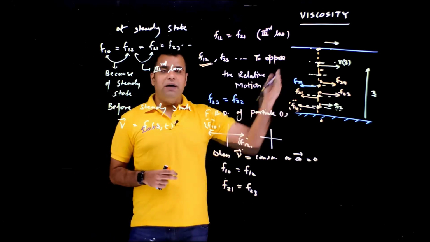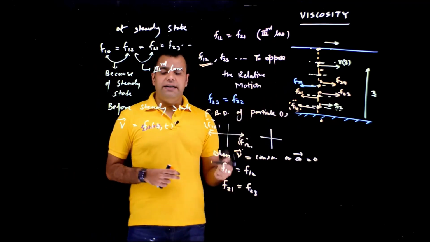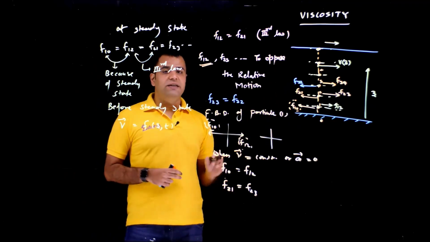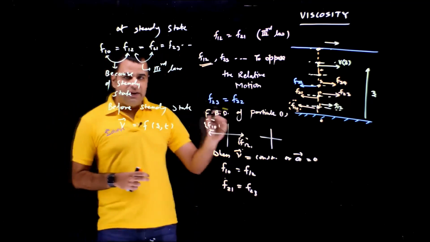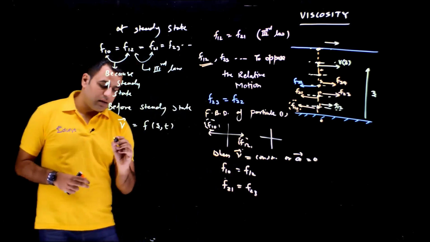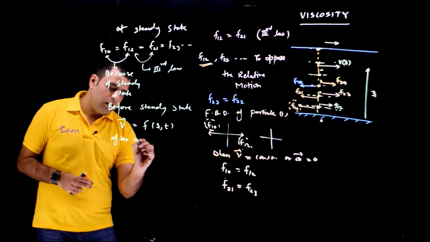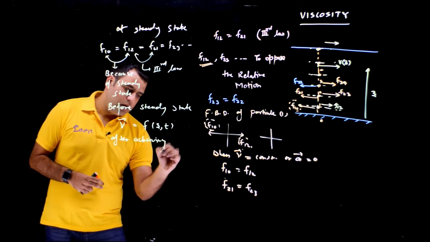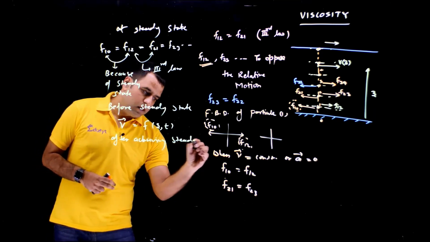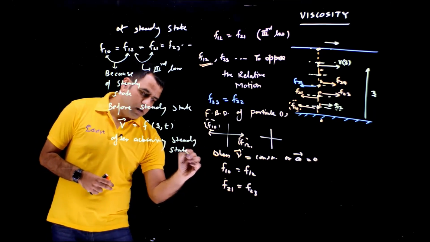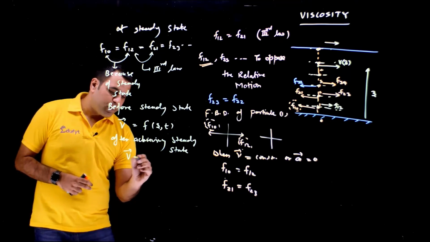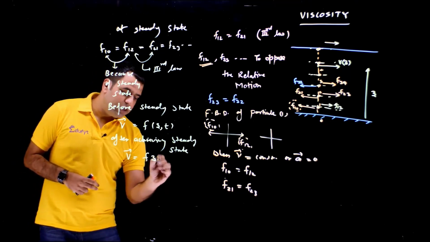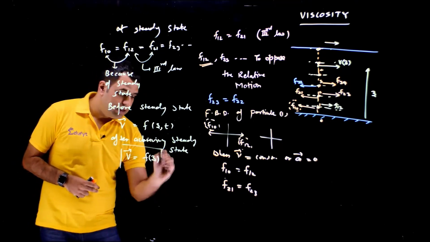For different particles it will be different, at different times it will be different. But when they achieve the steady state, the velocity will be a function of Z only.